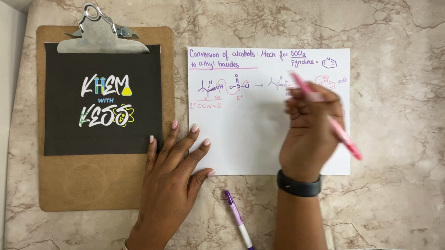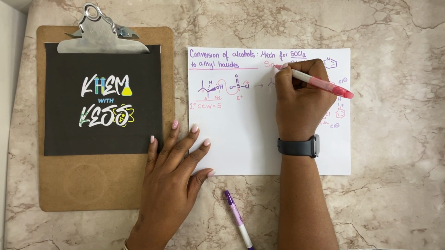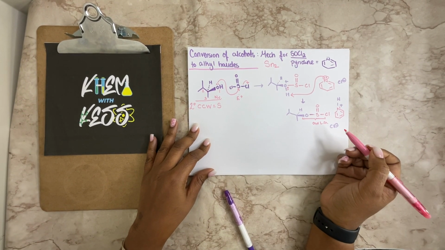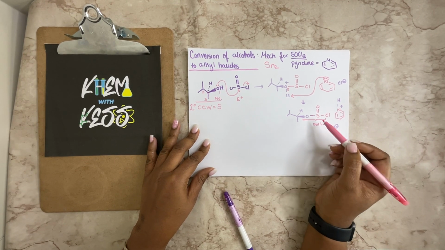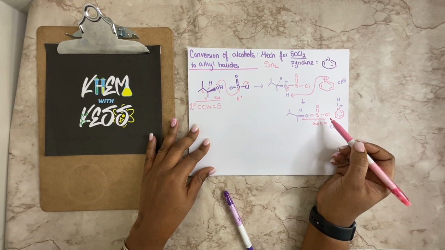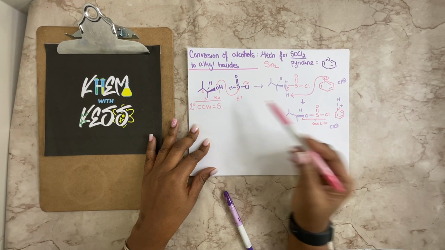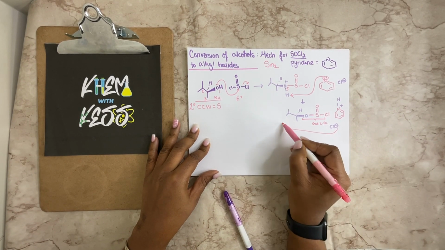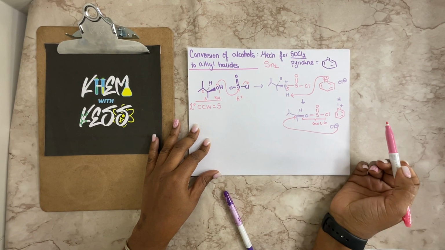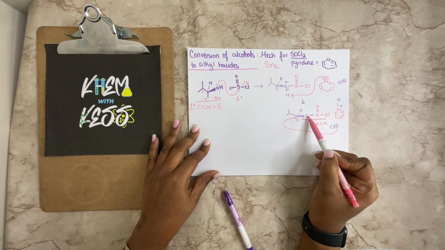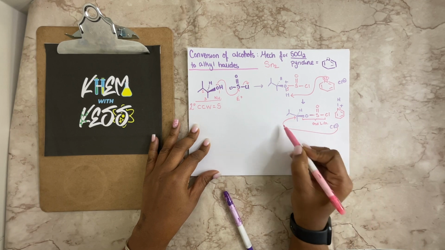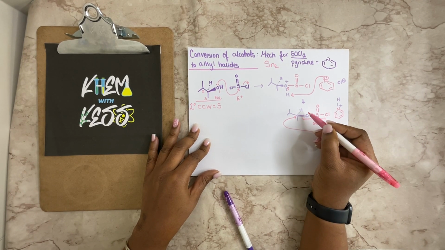Remember, these mechanisms are SN2, which means not only are they concerted, we'll get to the concerted portion in a second, but they also cause inversion, which means a flip of stereochemistry. So in order to flip something, you should attack it from the opposite side. So because this oxygen is on the front, that means the Cl is coming in from the back.